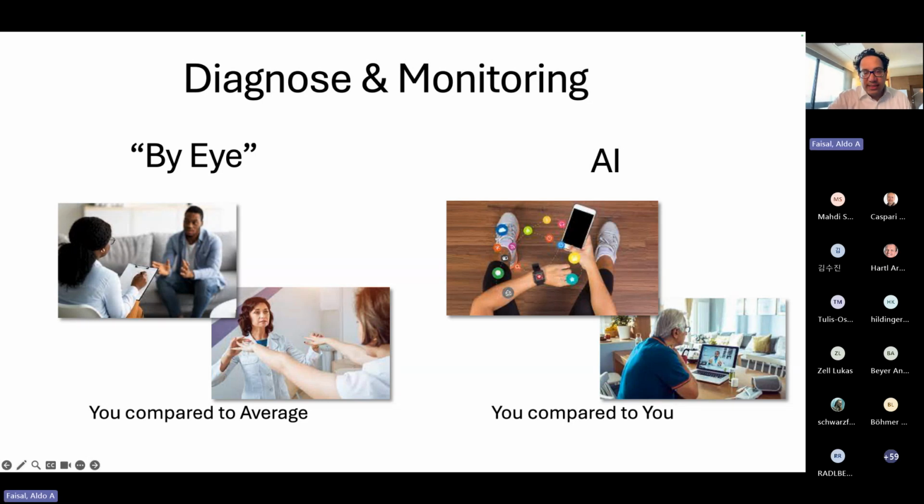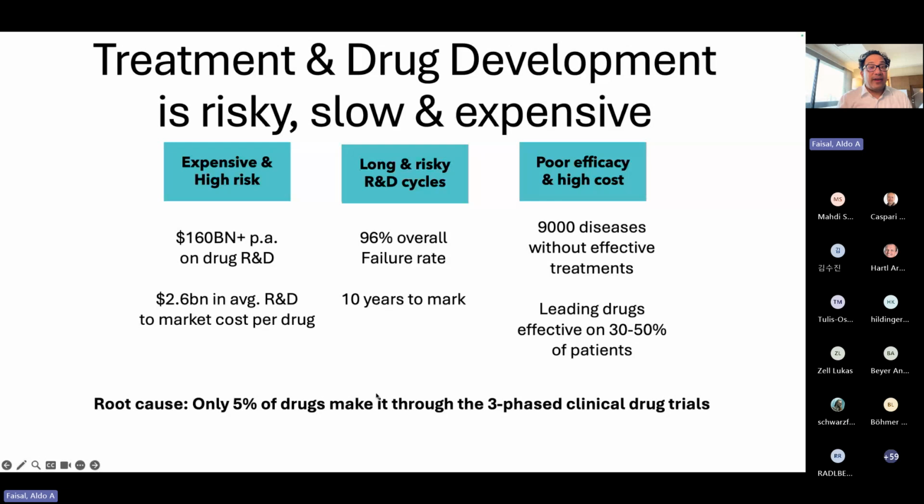So let's talk for a second about drug and treatment development in general. There are several problems. So the next generation of drugs that is currently being developed costs on average $2.6 billion to take a candidate molecule all the way to market. We have very long R&D cycles, takes typically 10 years to go from molecule to treatment that patients can ingest.